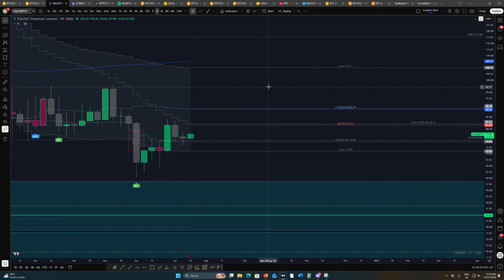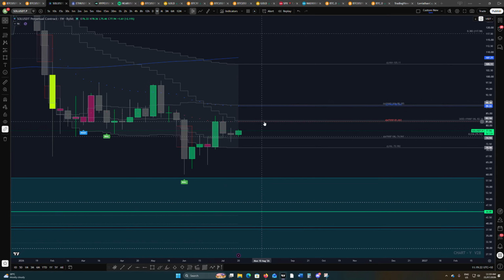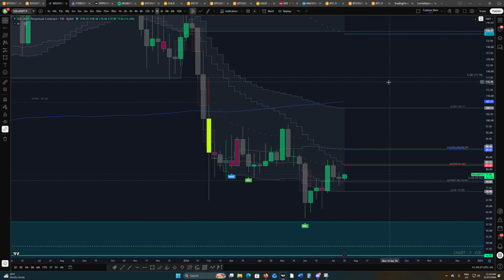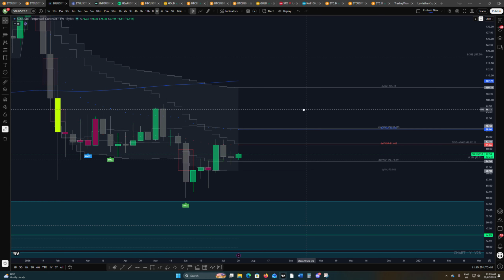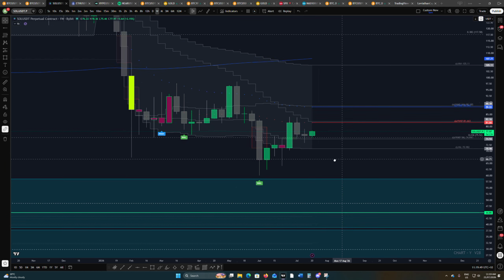So I would expect if there is not a lower high put in on a developing yearly VWAP, we'll get full traversion of the VWAP to the developing yearly value area high, which would be interesting. So we'll see how that goes. But yeah, that's what I'm looking at the moment. We'll see how it plays out.